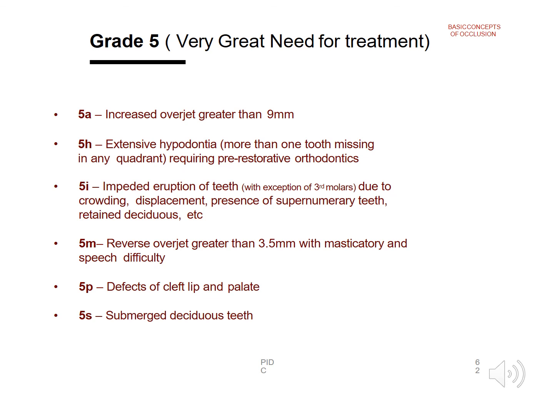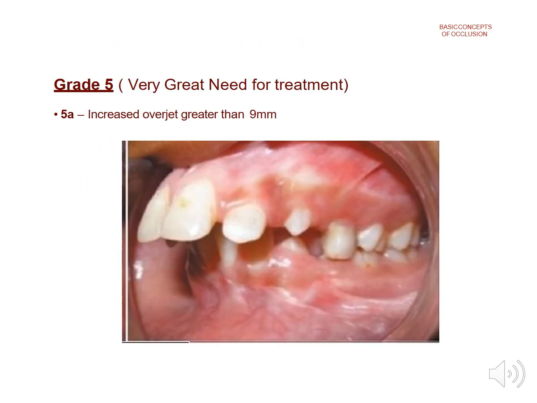So by now, I think you can really relate grade 1 to grade 5. Some of them have repetition and some of them are very unique at their own grading. Now we look at grade 5A.